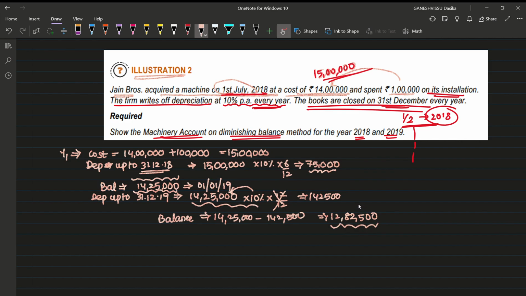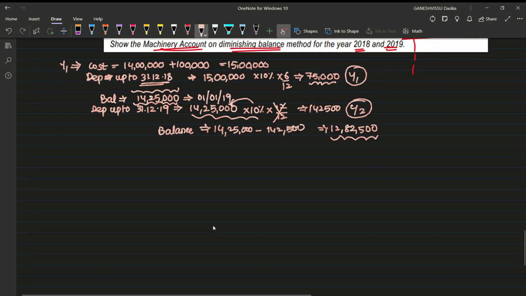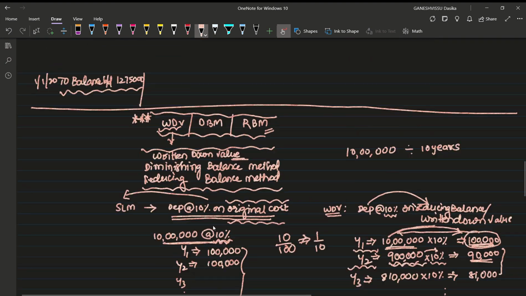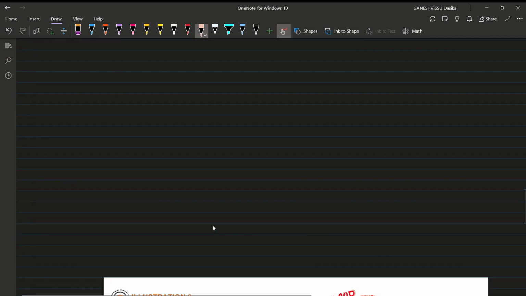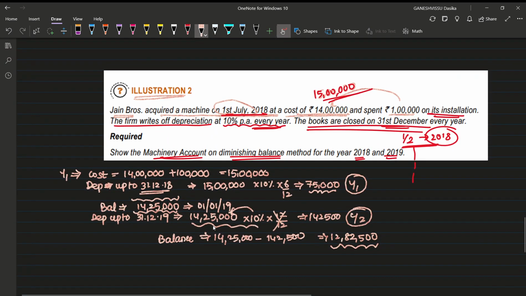So 12 lakh 82,500 is the written down value. Now we have seen the amount of depreciation. For year 1 depreciation is this one, for year 2 depreciation is 1,42,500. So let us now prepare the machinery account. See, these two are the basic questions and we are not having any purchase or sale of machinery. But in the next problems we can see different problems which include purchase and sale of machinery also.